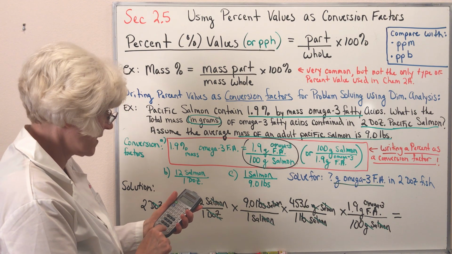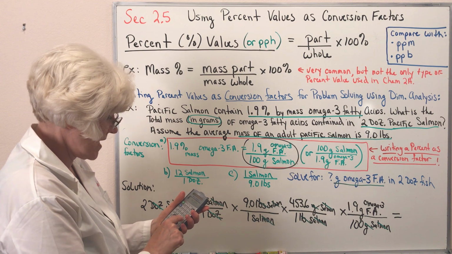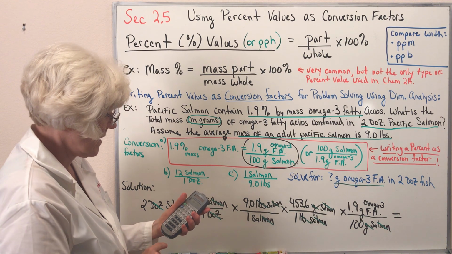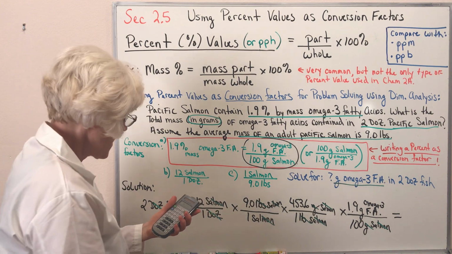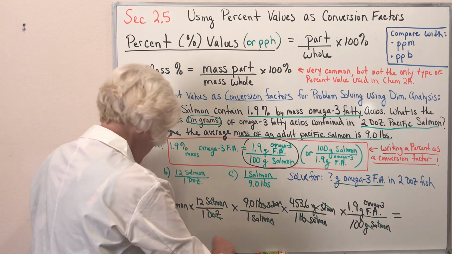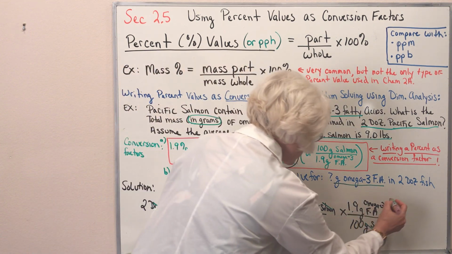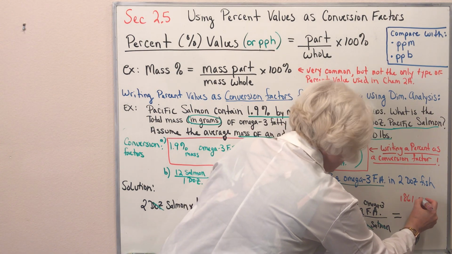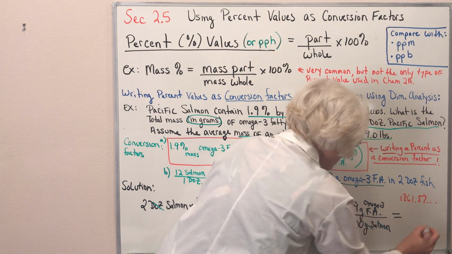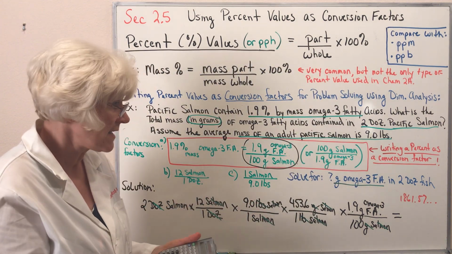I hope you are doing it along with me and double checking. I actually double checked this answer before I started, and so I am simply going to put up on the board right now what my calculator is displaying. 1861.57... Again, most of those digits are not significant.